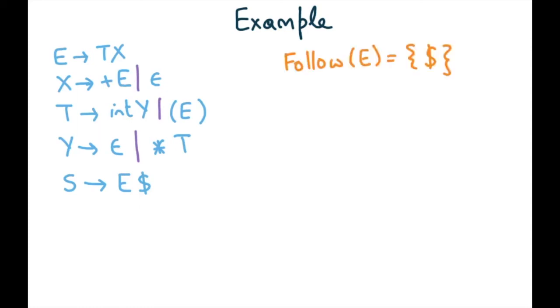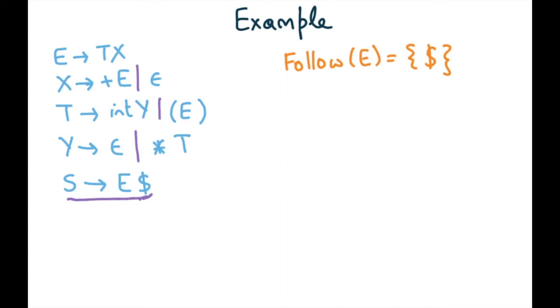So our first task is to construct follow E, and the production that I'm looking at is this one: S produces E dollar. Using the first rule, I can see that the first character in dollar is dollar, and that should be a part of follow E, because it can follow E. And so follow E is just the singleton set, the dollar character, at this point.